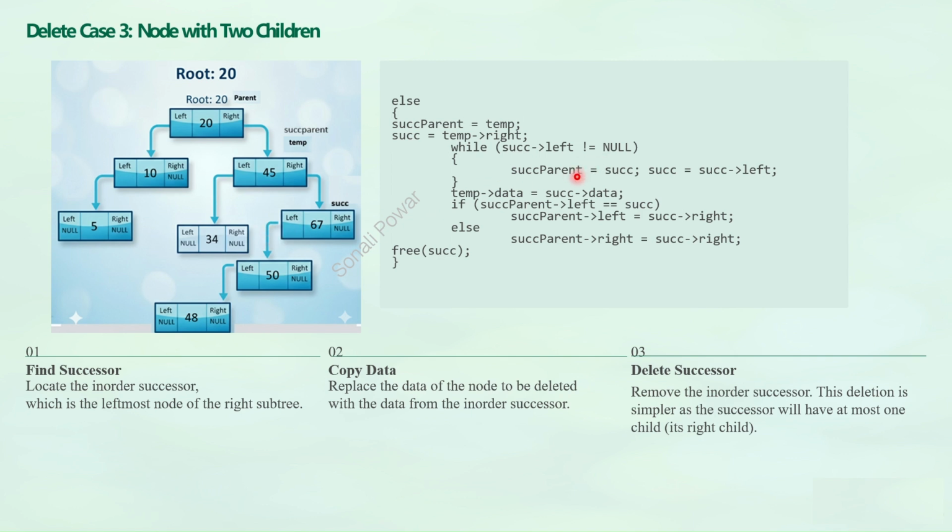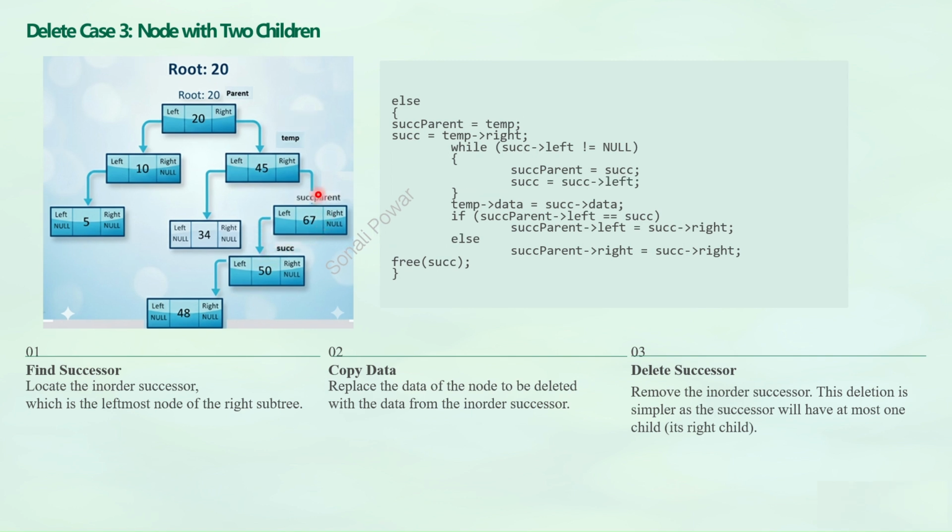So what we said, first of all bring the parent here, then move the successor to the next location. So successor parent will be successor. So this pointer will come here and after that you will move this pointer to the next location. So this will be your result. Parent will come here and this will come here. After that again we will check, is there any element to the left side?